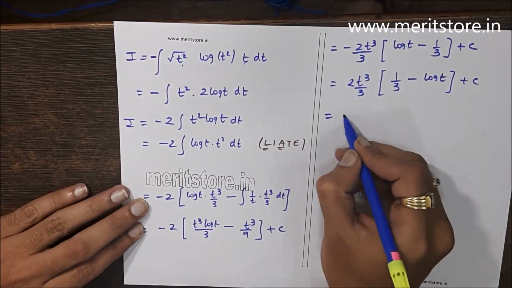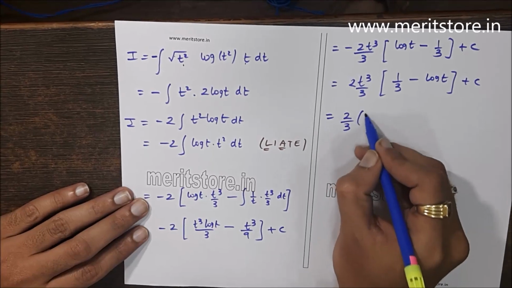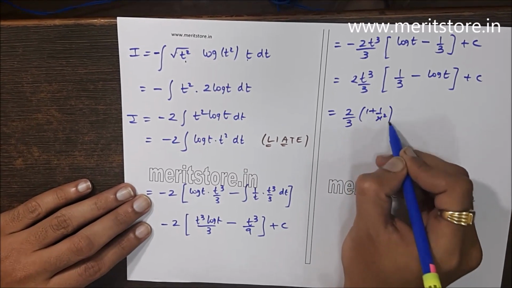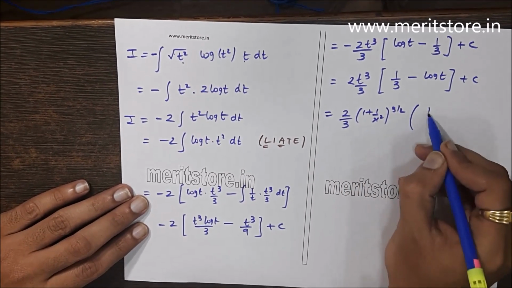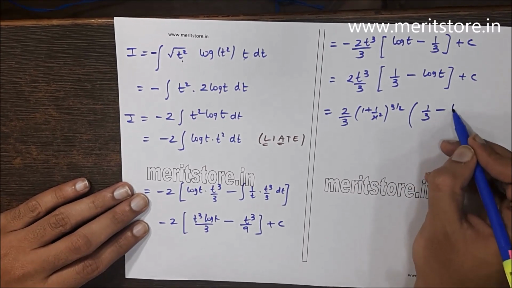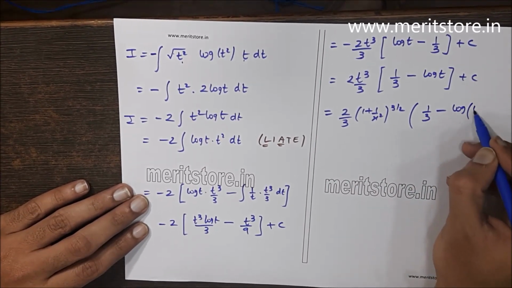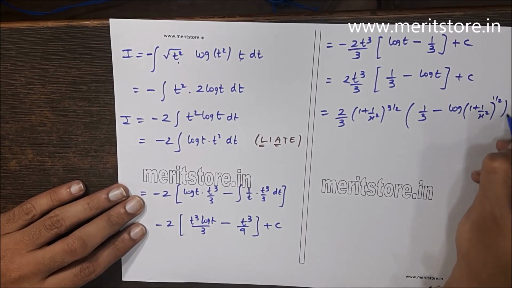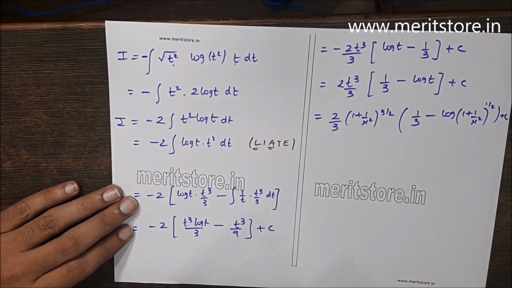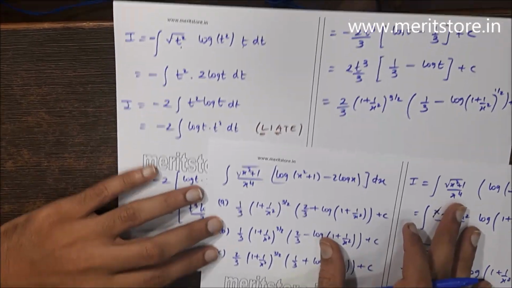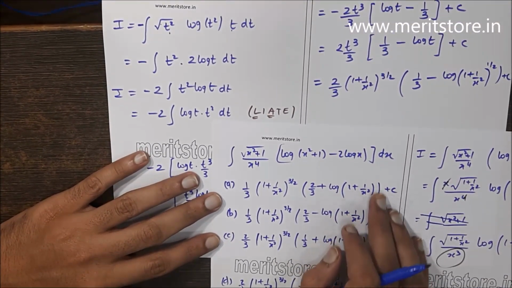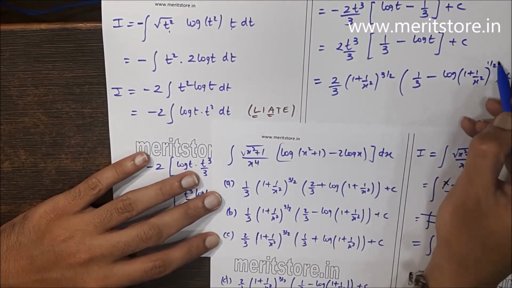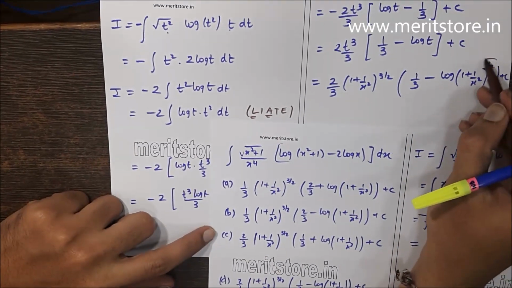My answer will now become 2 by 3, 1 plus 1 upon x square raised to 3 by 2 into 1 upon 3 minus log of 1 plus 1 upon x square raised to 1 by 2 plus c. Again comparing with the options, I have none of the terms with log of 1 plus x square raised to half.